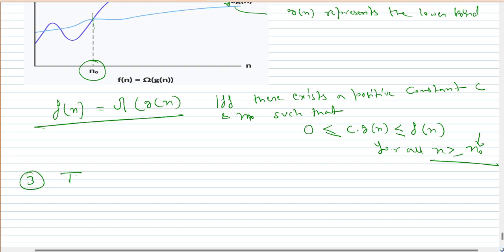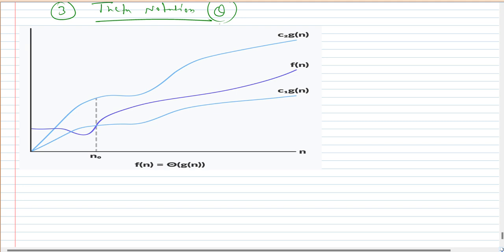The last one is theta notation. This notation gives us a tighter bound by describing both the upper bound and lower bound of an algorithm.